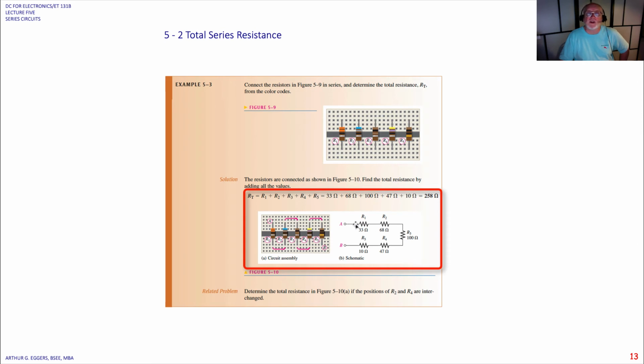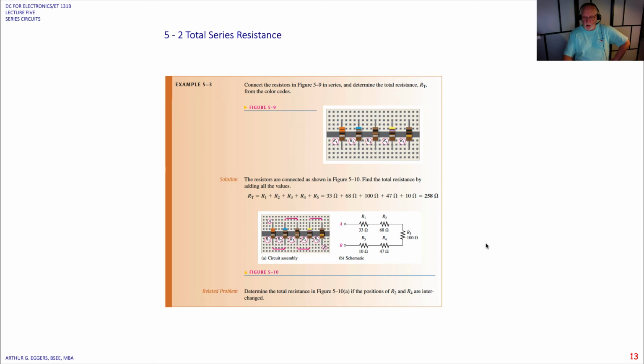If I wanted to turn them into a series connection, you can see that if I jumper from R1 to R2, R2 to R3, R3 to R4, R4 to R5, and then to point B, it exactly matches the schematic diagram. So you're going to get lots of practice in your lab actually building these simple circuits and building on these circuits to build more complex circuits as you move through your curriculum.